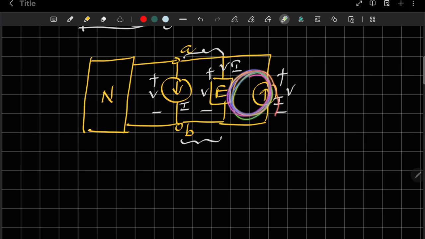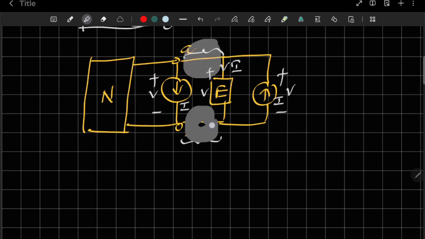The current I coming from the current source goes through the element. You can check the KCL also. You will find no current in this particular path, and no current in this other path. So in this area and in this area, no current is available. Here current is equal to 0, and here current is equal to 0.